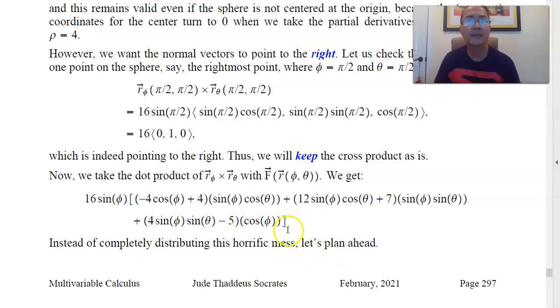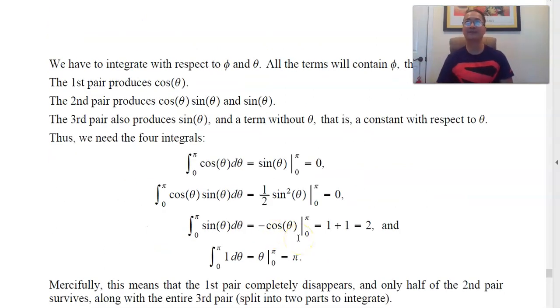Check it out: there is a cosine theta here, a cosine theta sine theta here, a sine theta there, a sine theta over there, and a constant over here. If you distribute this part out, there is no theta there. So here's a smart thing to do: integrate those thetas first. These are the terms that I said you will find, and we're going from 0 to pi.